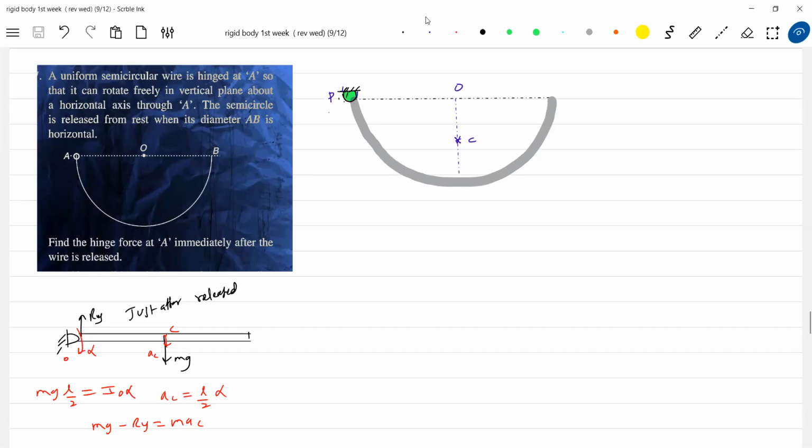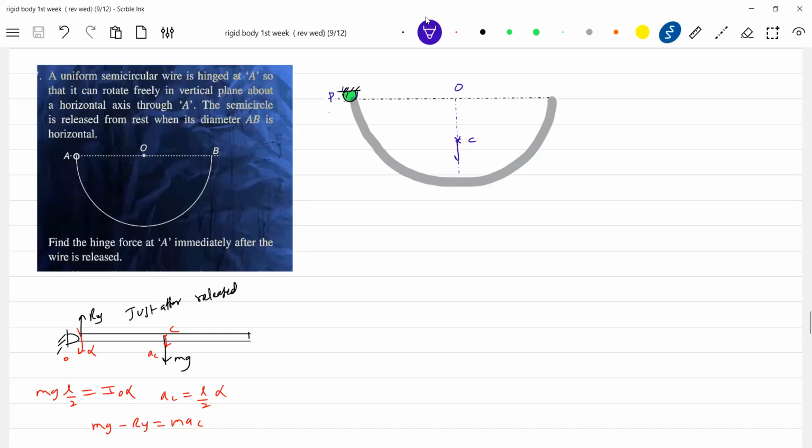Sir, mg by 3 pi under root of pi square plus 16. Oh, that much is not there. Okay, we'll see. Okay, anyway, you try. No, okay, fine, good.